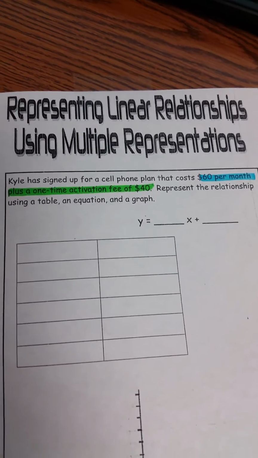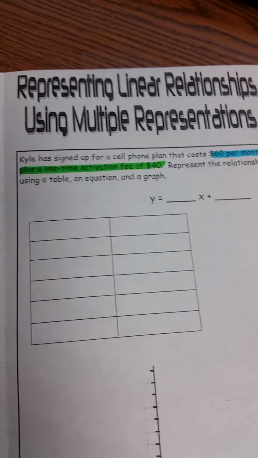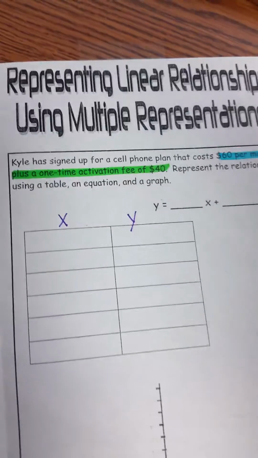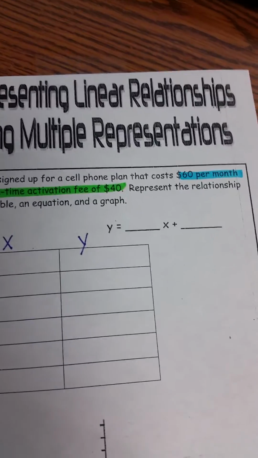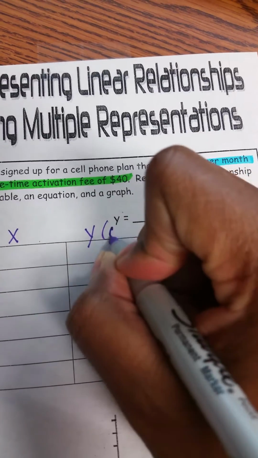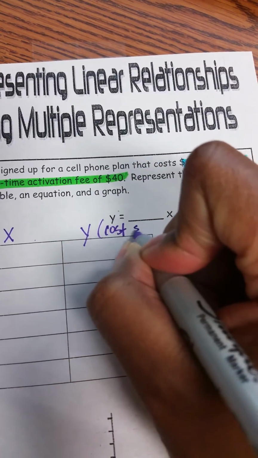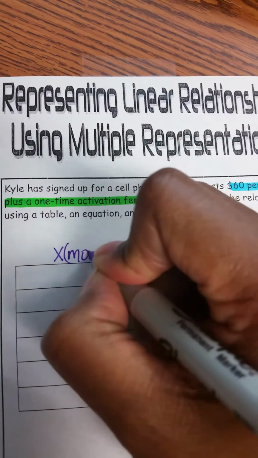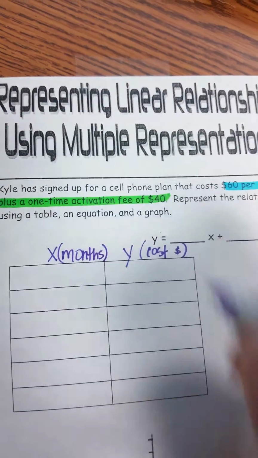First I need to recognize what are my independent and dependent variables. What's my x and what's my y? What depends on the other? I know that my cost in money depends on how many months.